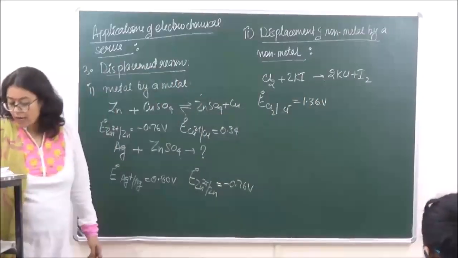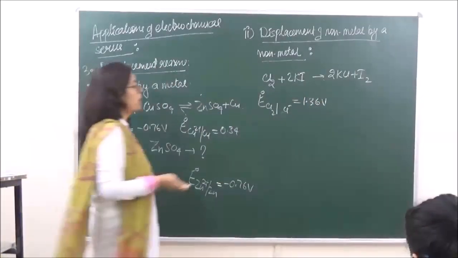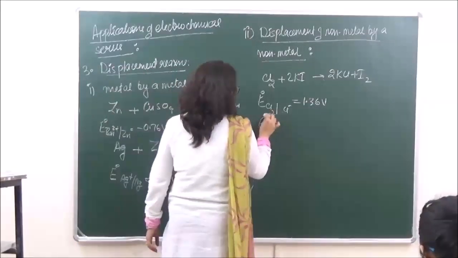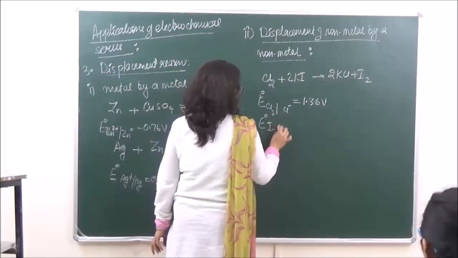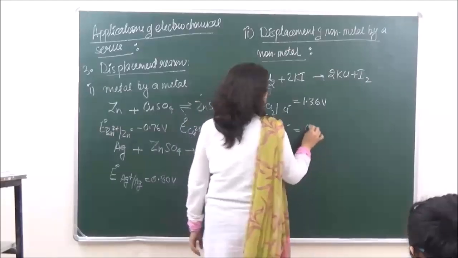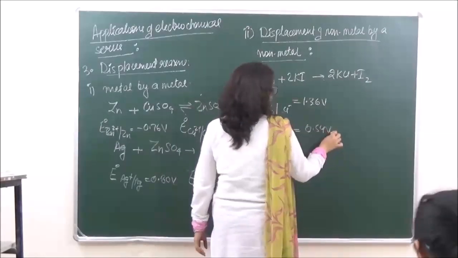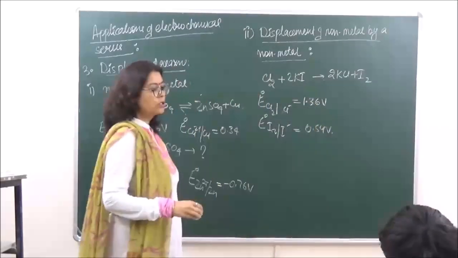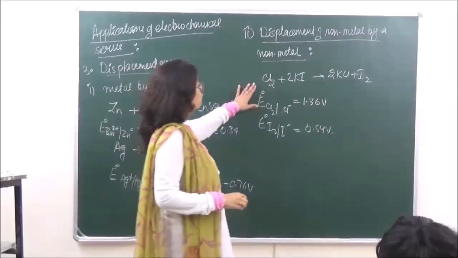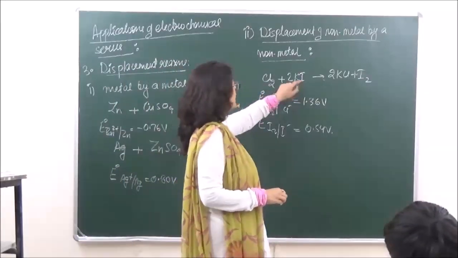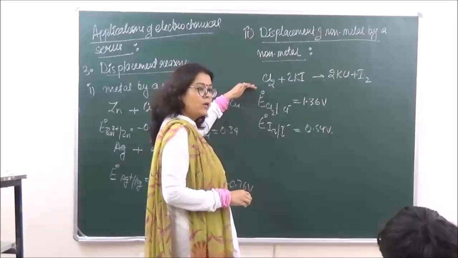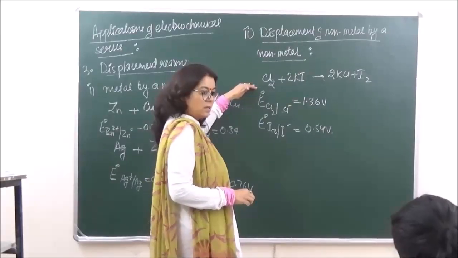And that for iodine is equal to 0.54 volts. So according to this reaction, iodine is being displaced by chlorine, right?